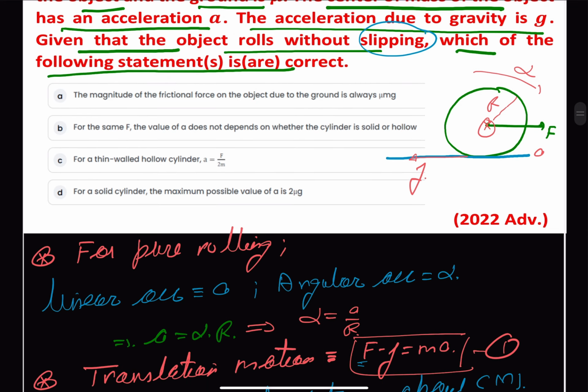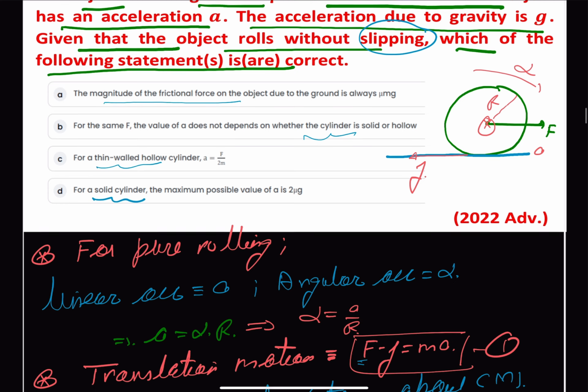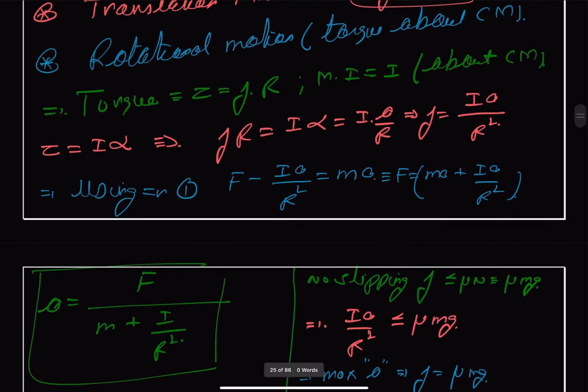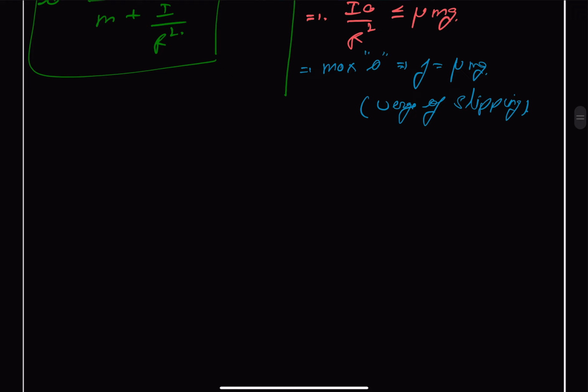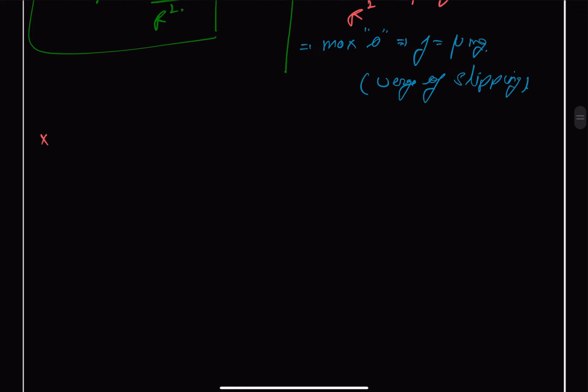Now one by one we are going to check our options, because we have a solid cylinder and a thin wall cylinder, and this is only for the frictional force. Let us consider a solid cylinder first. So we have two cases. Case 1 is for a solid cylinder.